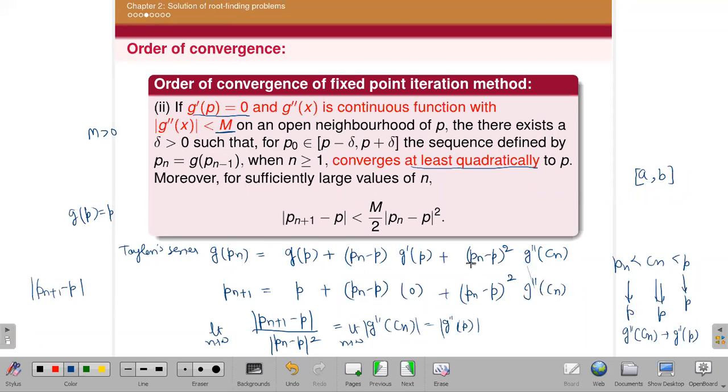Sorry, it should be by 2 factorial also. Yes, so that will be less than m by 2, because this will be replaced with m, and then Pn minus p whole square. Because for sufficiently large, we are not taking the limit n going to infinity. Here we are taking any number which is very large. So for this it will hold.